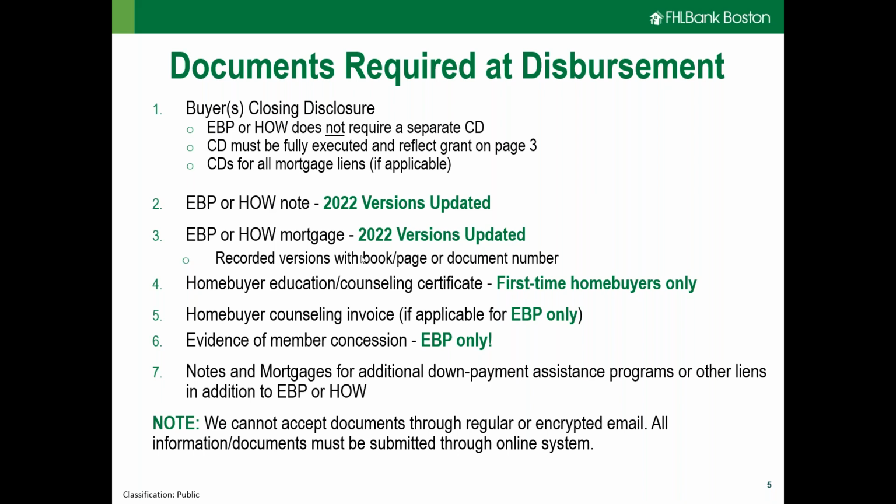So you're going to submit either the EDP or HOW note. Our 2022 versions are on our website, as well as the mortgage. You cannot use any prior program mortgage instruments, because every year we are audited by the Federal Housing Finance Agency. They have very rigid recommendations every year.